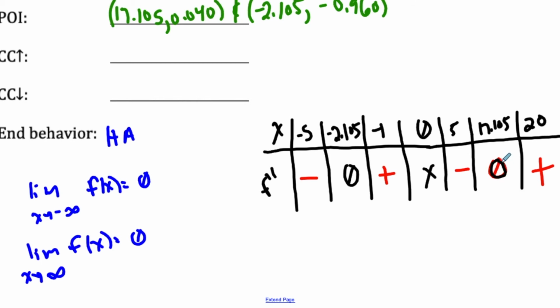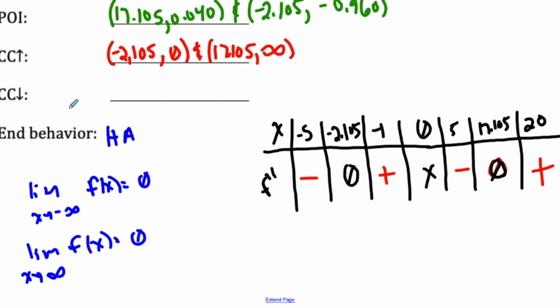So anyway, now we know where it's concave up. So let's fill in those values. So it's concave up wherever the second derivative was positive. So between negative 2.105 and 0, where the vertical asymptote was, and then also from the 17.105 to infinity.